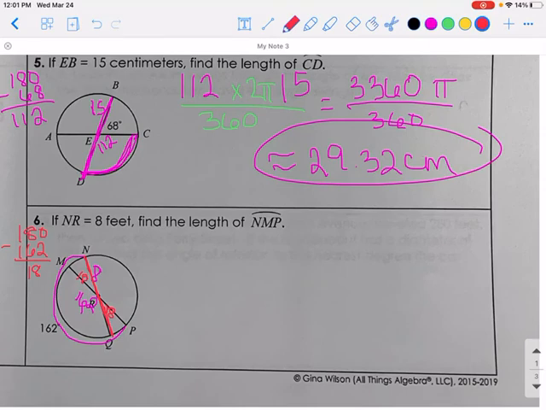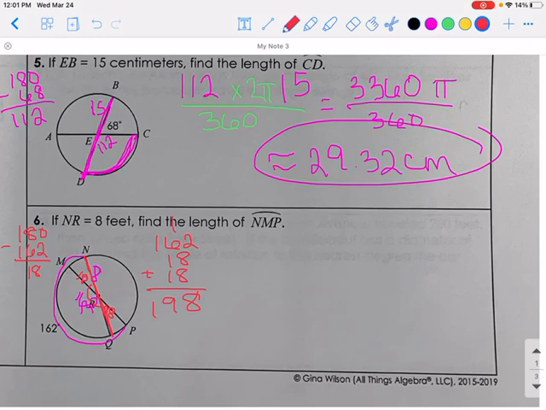So the entire angle, from N all the way to P, that whole angle, it's technically those three parts of the angle, right? We have 162, we have 18, and we have 18 again. So I'm going to add them all up. I get 198.